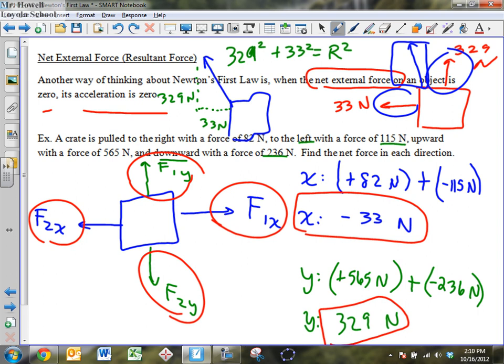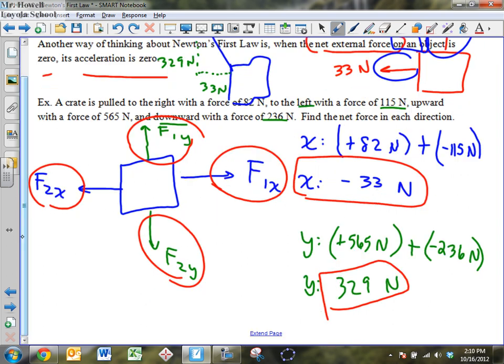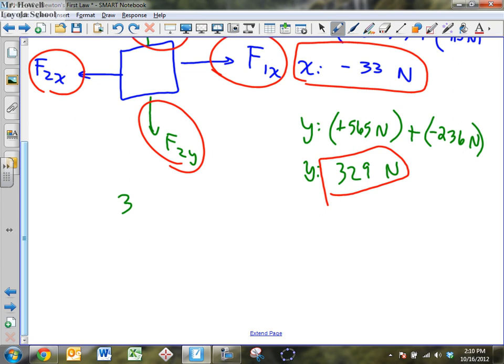33 is pulling left, 329 is pulling upward. To find the resultant vector, we can use the Pythagorean theorem. 330.65.